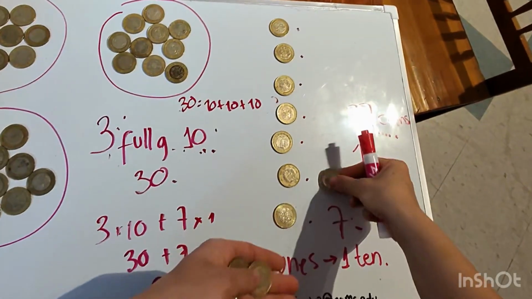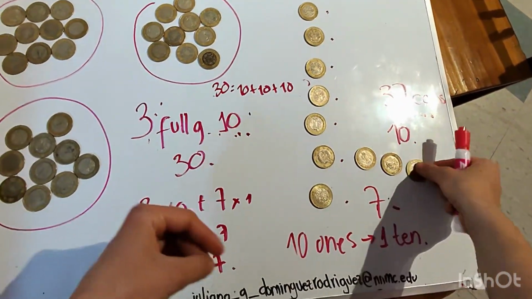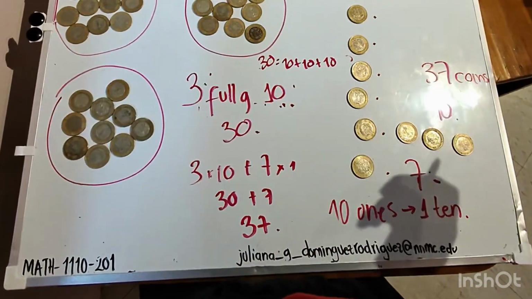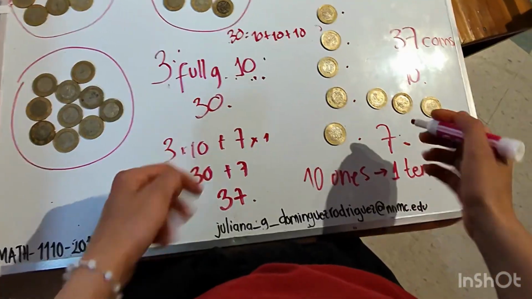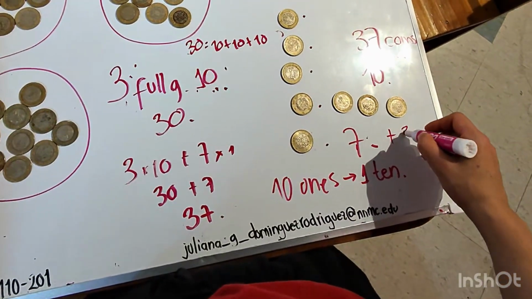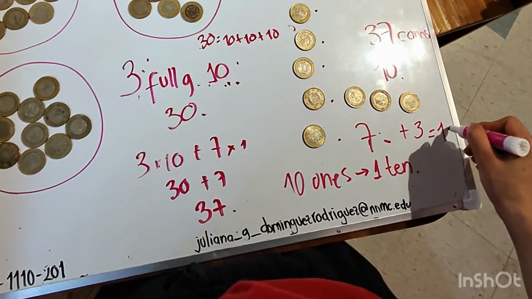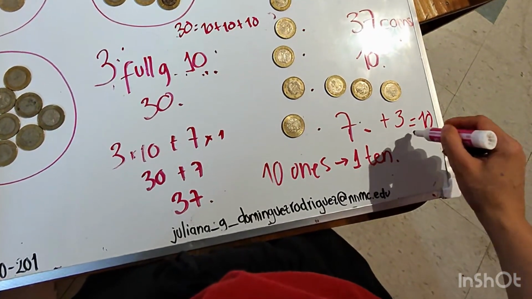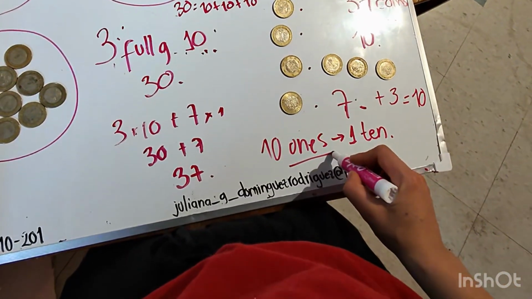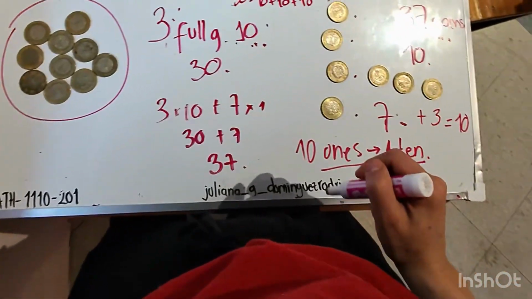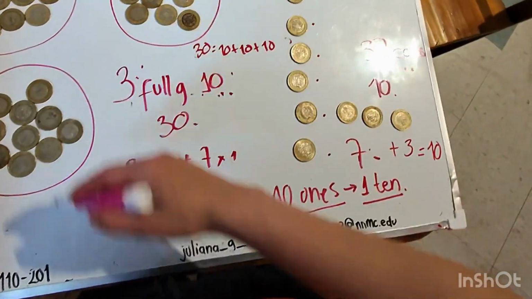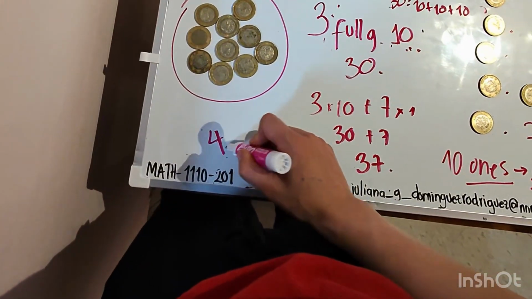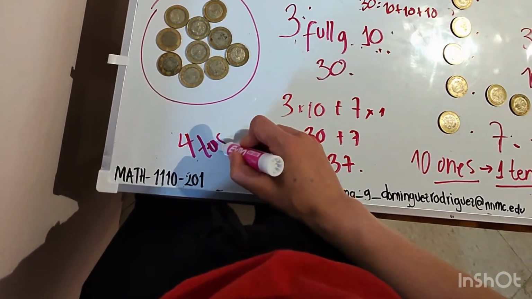If we add 3 more coins, what would happen? 7 plus 3 equals 10. And we just said that 10 ones are 1 ten. In that case, we're going to have just 4 tens.